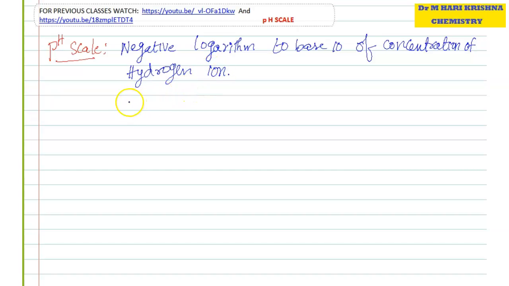That means in the formula we can represent this as pH equal to minus log base 10 concentration of H plus.